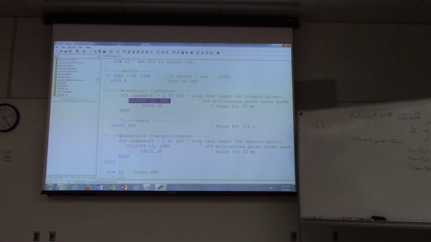Okay, so we're going full speed clockwise here. And then we have this pause 20. What do you guys think this pause 20 is all about? To pause until you set it for the second motion? Not quite. It has to do with the protocol that we talked about earlier. So, you guys remember using 20 in the protocol anywhere?